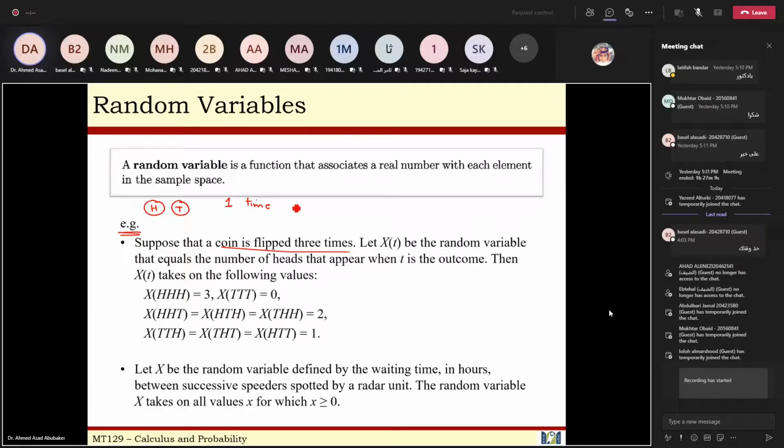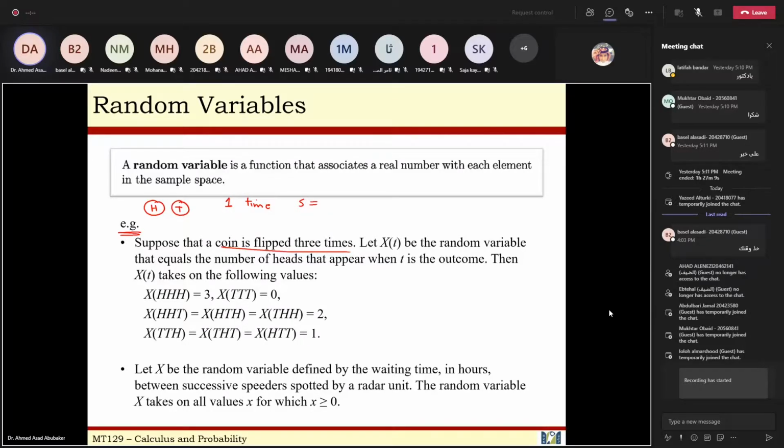the sample space means all outcomes, all the elements that are outcomes of any experiment.